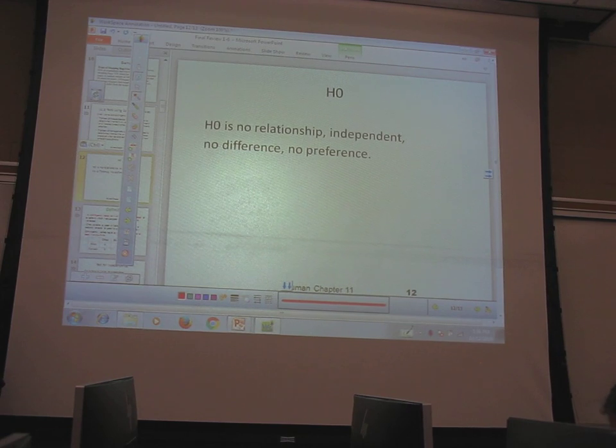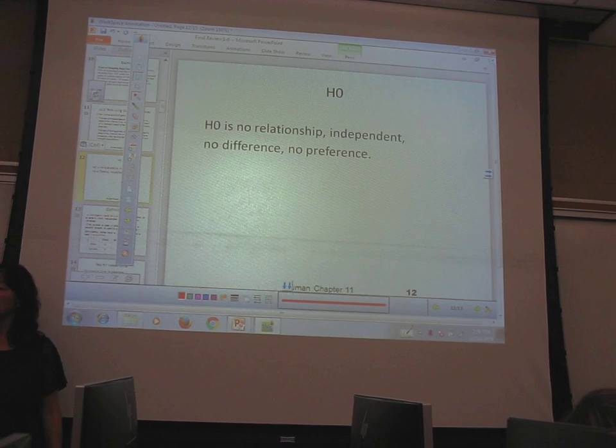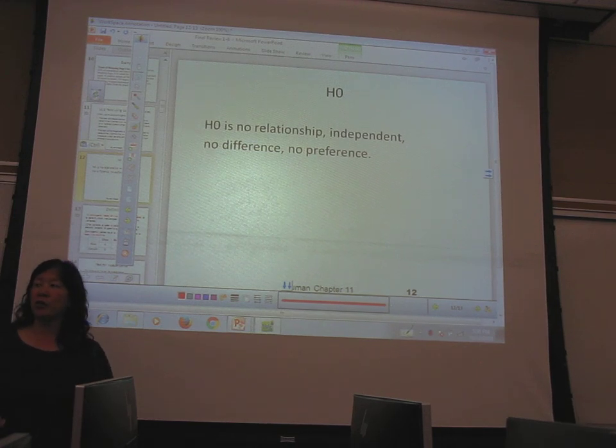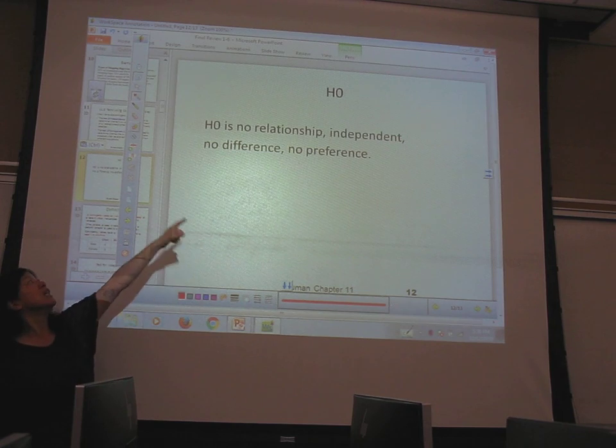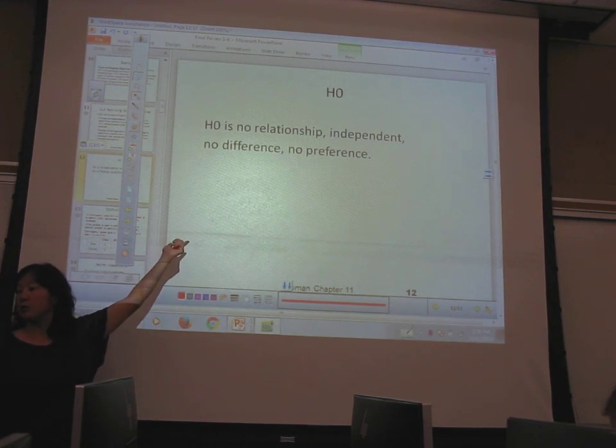If they're independent, that means they're not related. If I flip a coin and roll a die, are those two things related to each other? No. They're independent of each other. So independent is the same thing as no relationship.